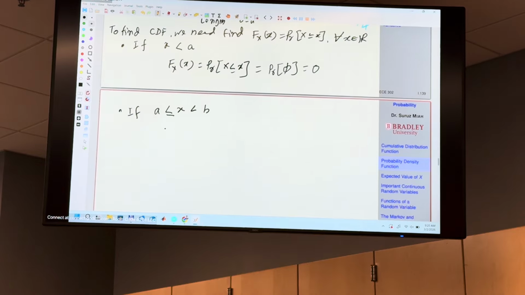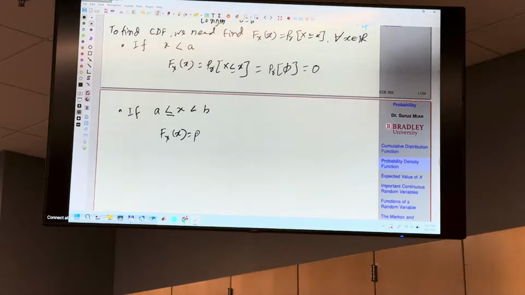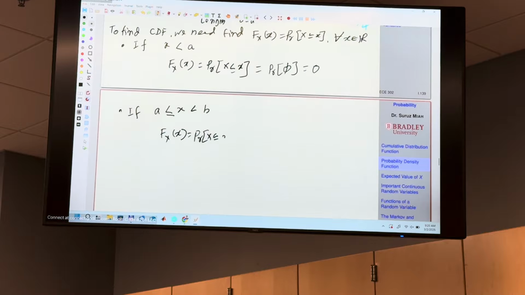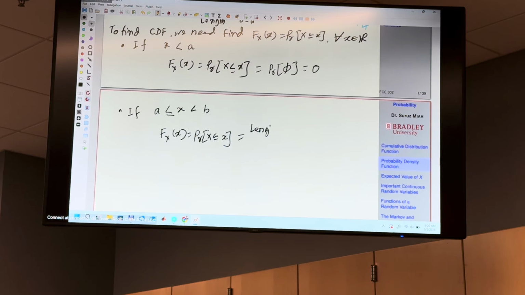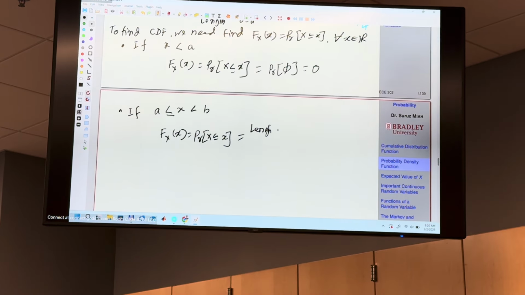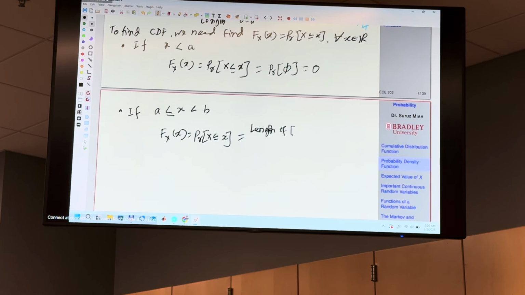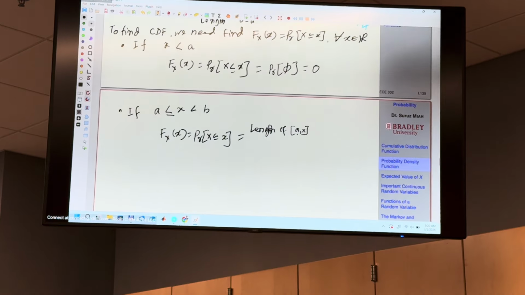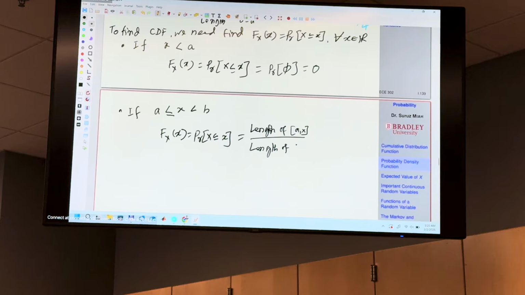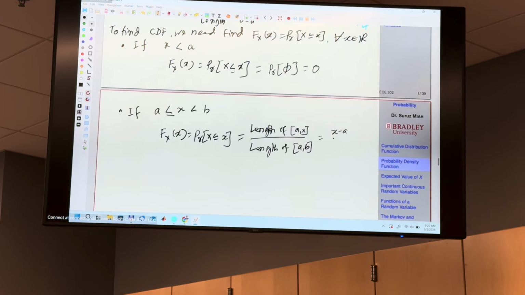So F sub X, which is by definition the probability that X is less than or equal to x, is going to be the length of interval a to x over the length of interval a to b, which is basically x minus a over b minus a.